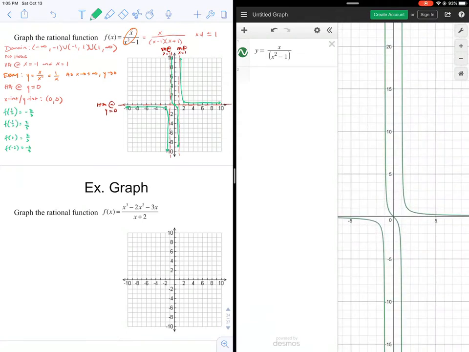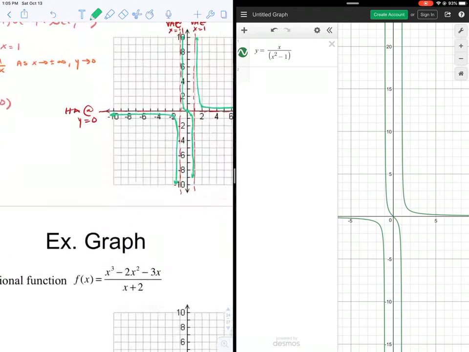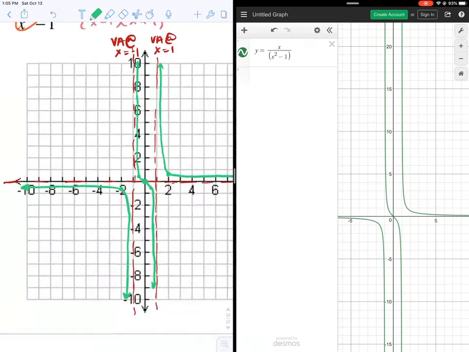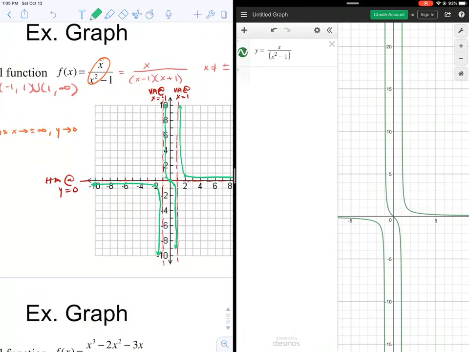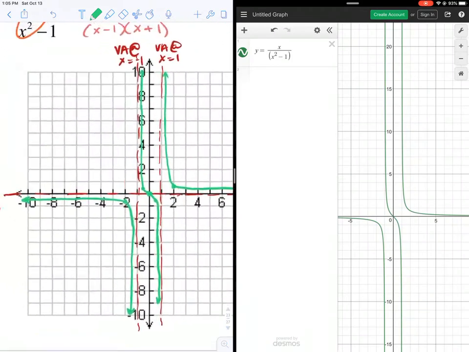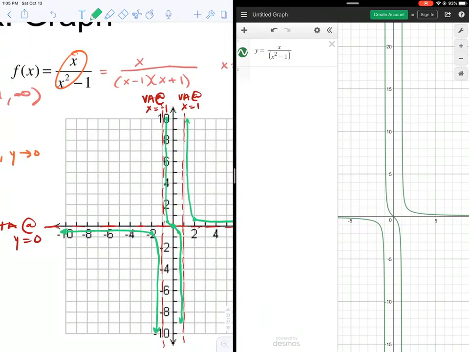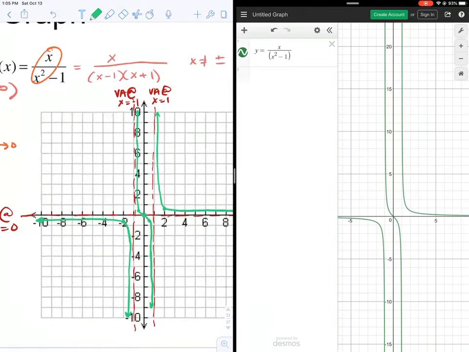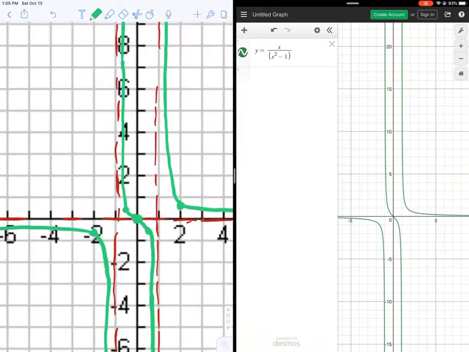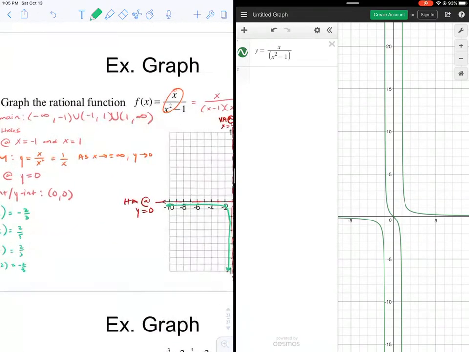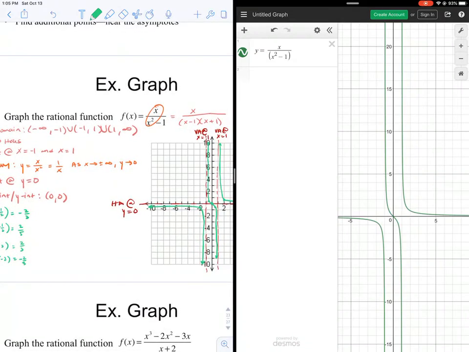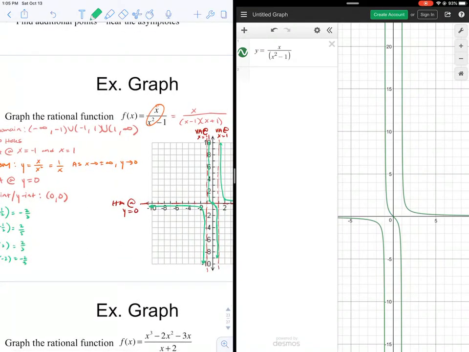Now we could also see whether our graph crosses the horizontal asymptote by setting the function f of x equal to 0 and solving. Well, actually in that case we already see it does cross, so we have that one point. Okay, let's look at the next one.